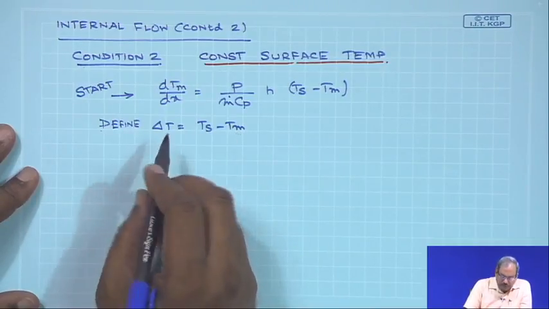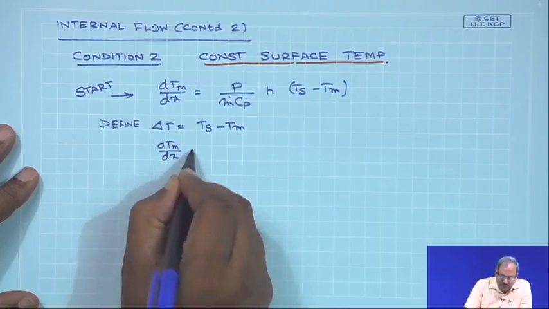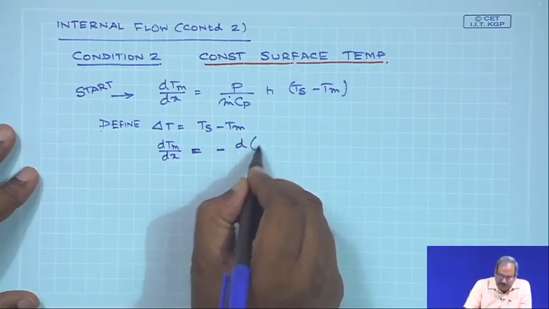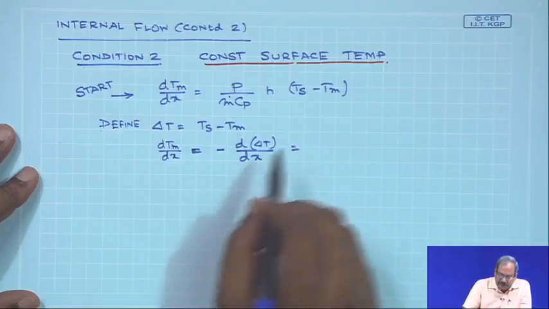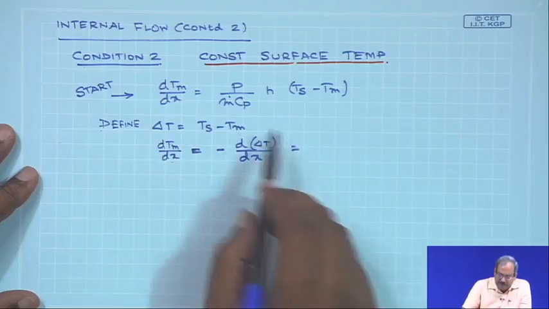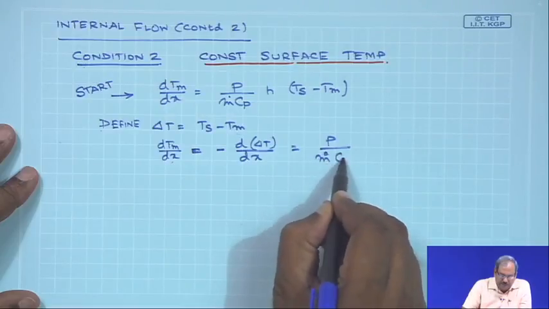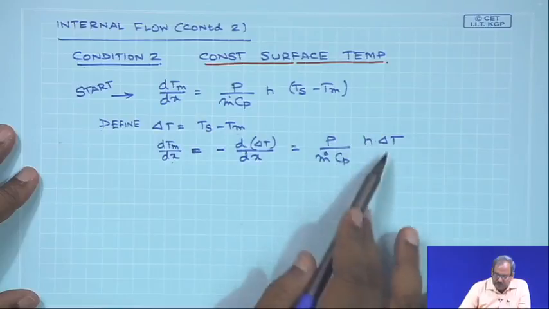If I differentiate both sides, since Ts is a constant, dTm by dx is simply minus d delta T by dx. So dTm by dx can be written as P over m dot Cp times h times delta T.